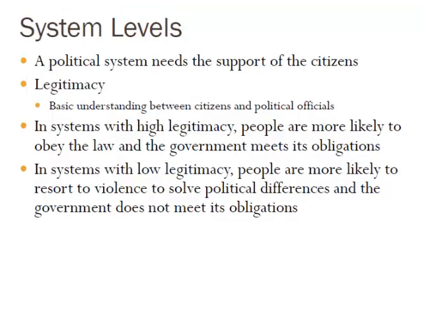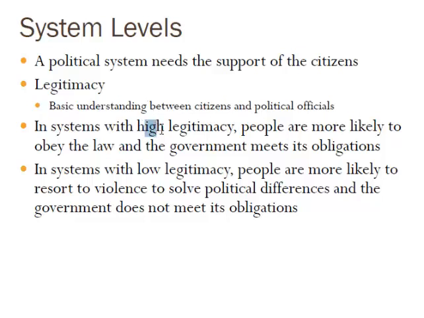Next, we have the system itself. System levels is the idea that a political system needs the support of its citizens in order to have legitimacy. Now, obviously, if you're a dictator or a totalitarian regime, you need a lot less of the support of your people, but still, ultimately, all governments depend to one degree or another on legitimacy, the fact that the people think they're legitimate.